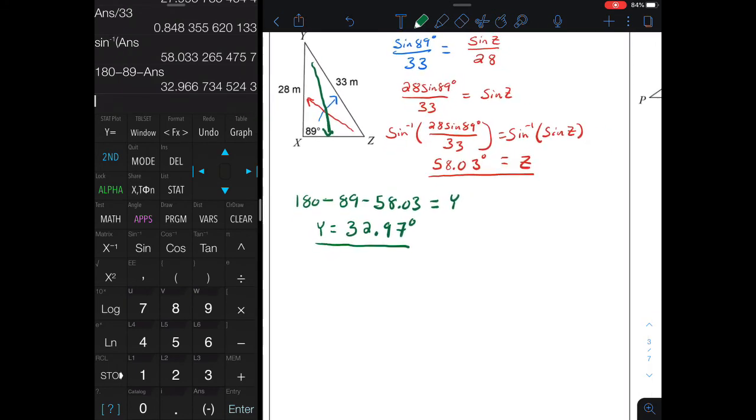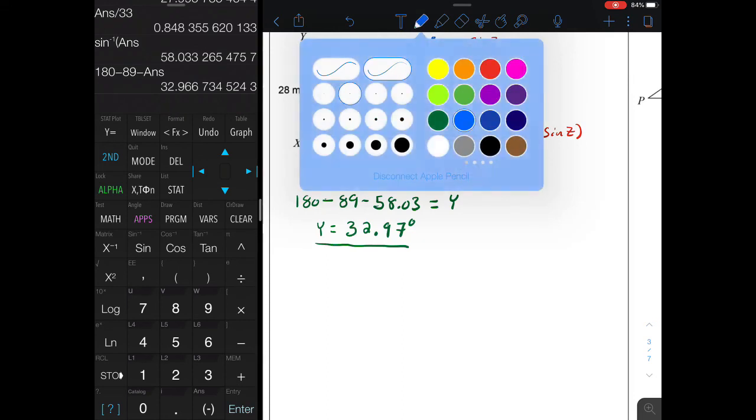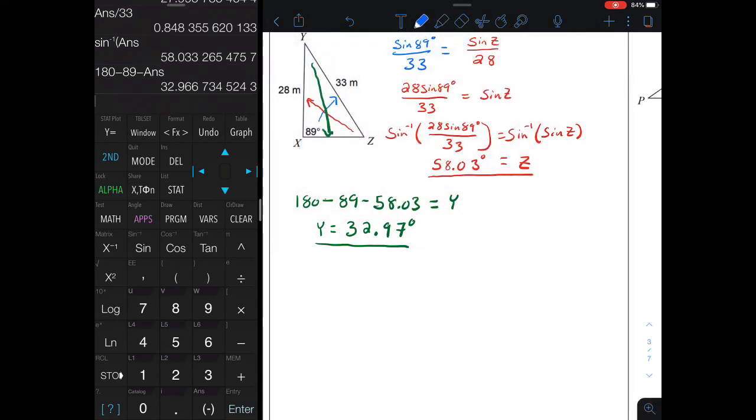I don't want to round too early in my problem, because then my rounding error becomes larger the more times I use the rounded number, if that makes sense. So I'm going to go back to my original law of sines ratio to solve for Y, because this is not rounded.